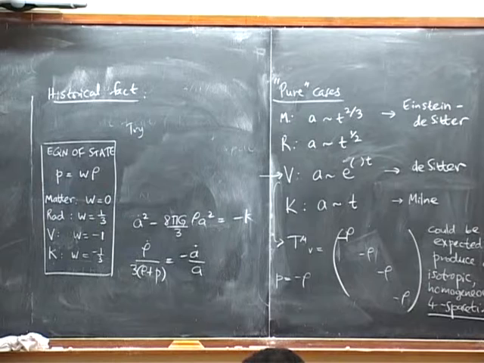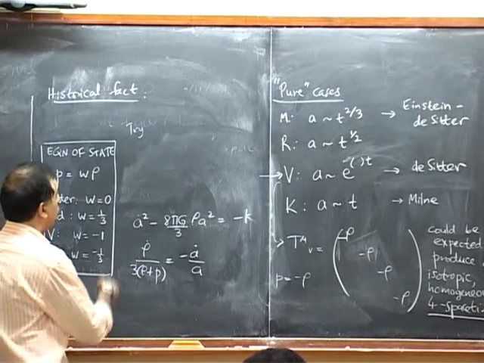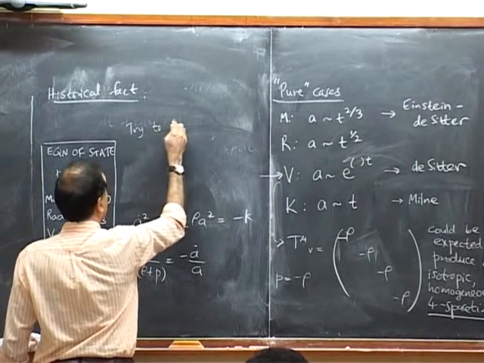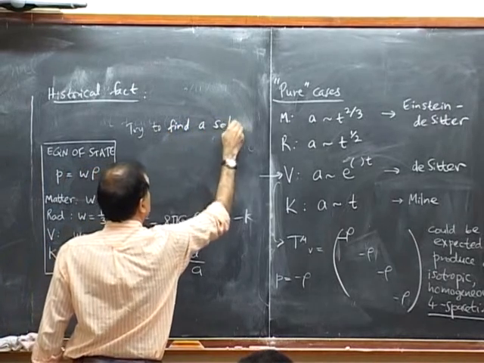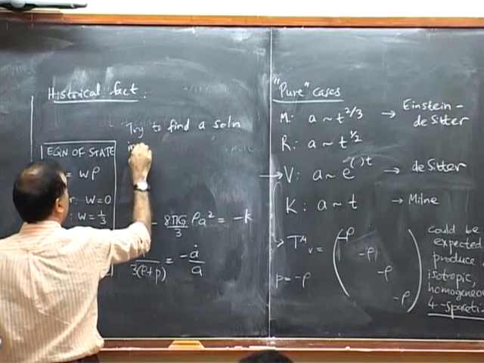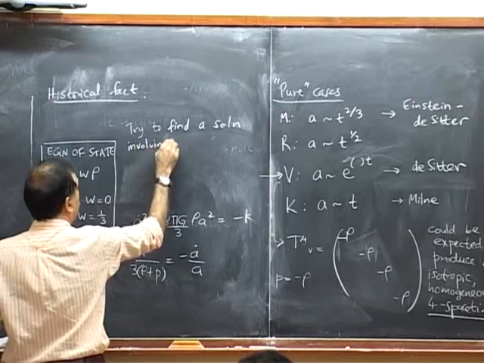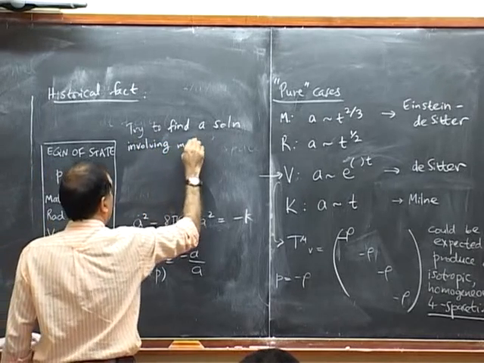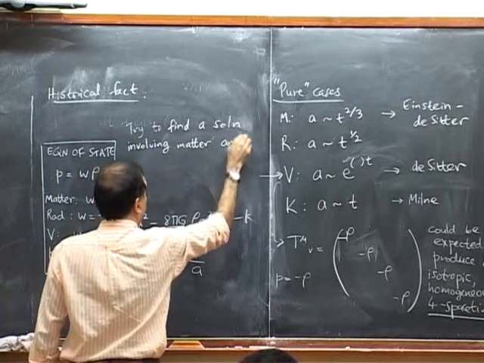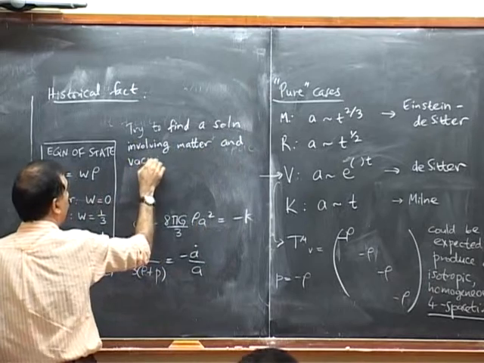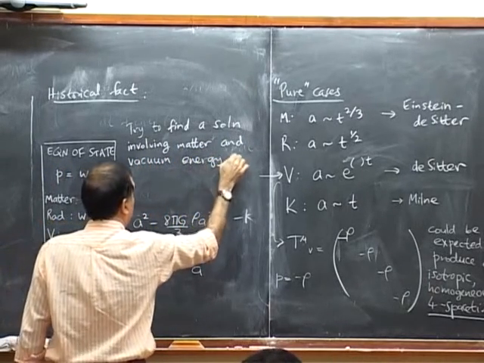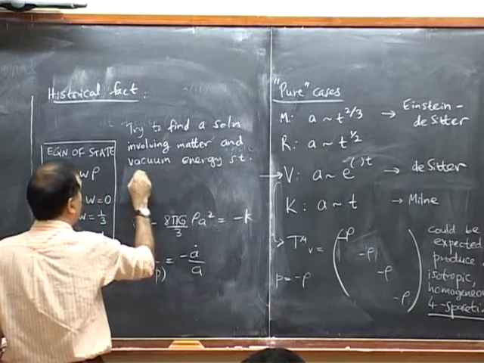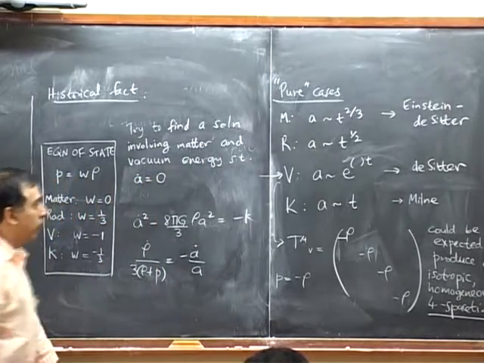Okay. So how are we going to solve these Friedmann equations? Try to find a solution involving matter and vacuum energy such that A dot equals 0.